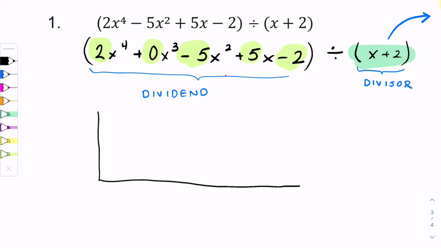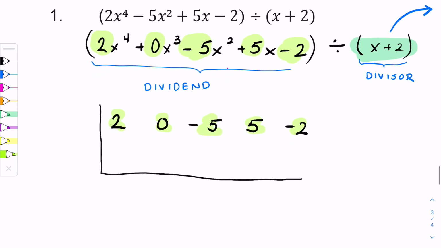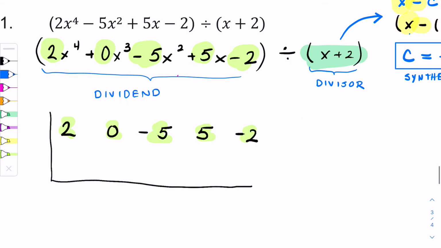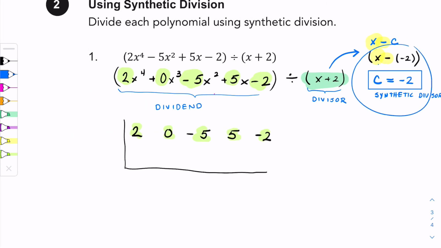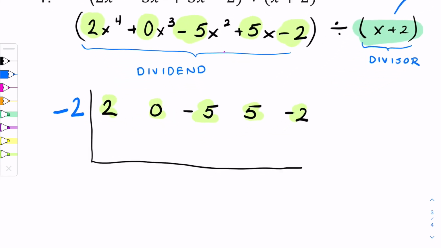And you bring these values down to the top row of, I guess it's really just half of a drawn out box. So bring them down to the top row. 2, 0, negative 5, 5, negative 2. So these are directly from above. Then you take your synthetic divisor that we found over here. Your synthetic divisor is going to go outside. So top row, outside.